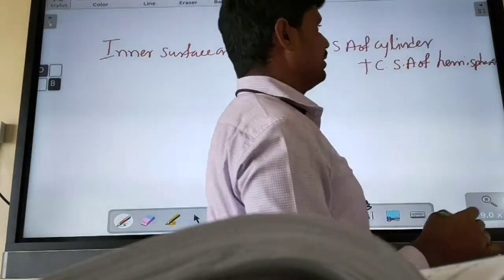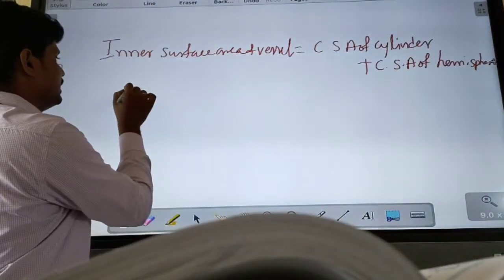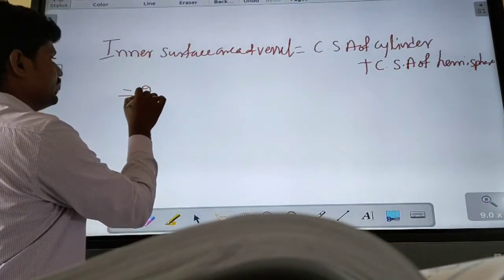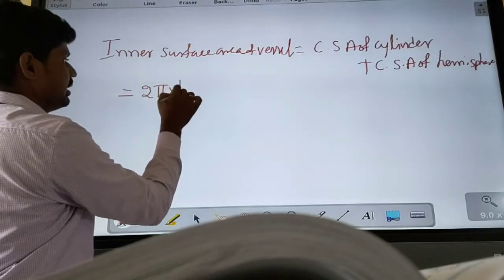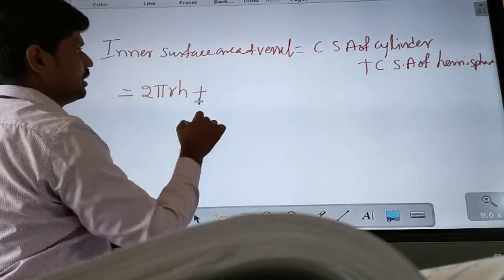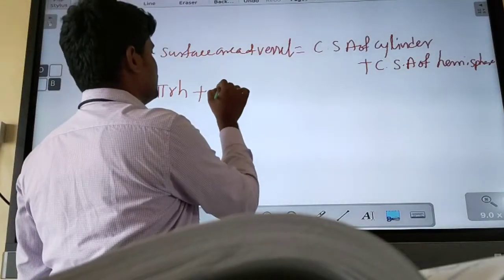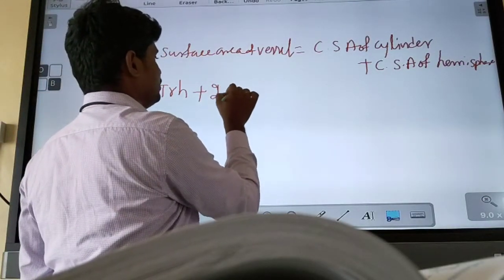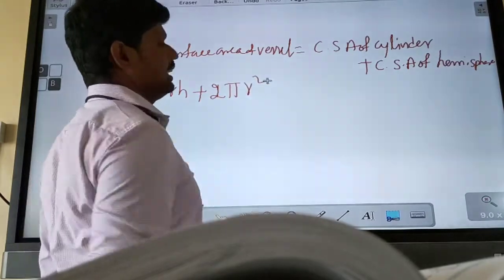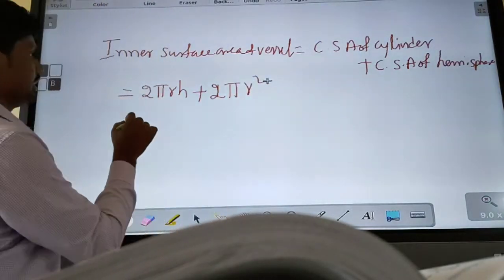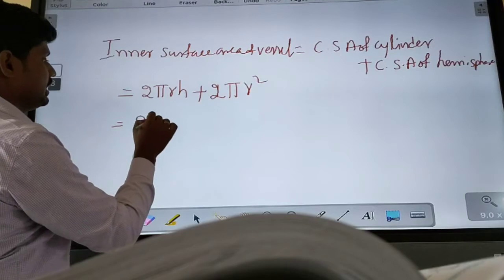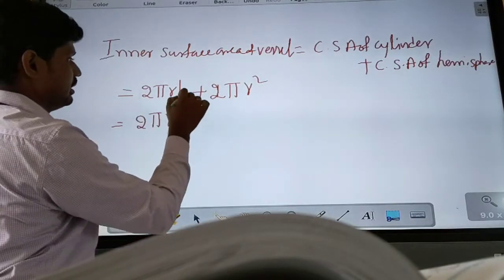Now write the formula. What is the formula for the curved surface area of the cylinder? 2 pi rh. Very good. What is the formula for the curved surface area of the hemisphere? 2 pi r square. Take the common factor outside, children. 2 pi r is the common factor.